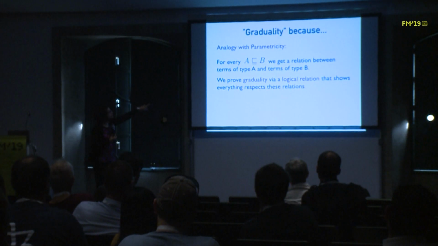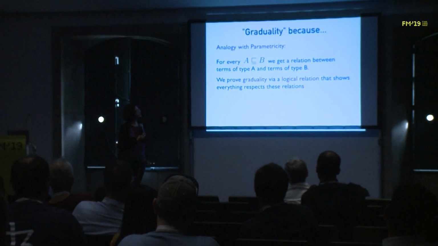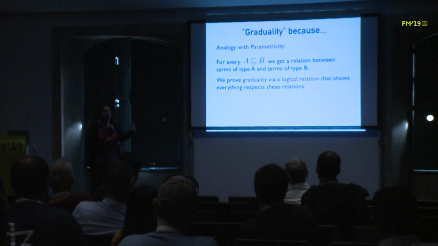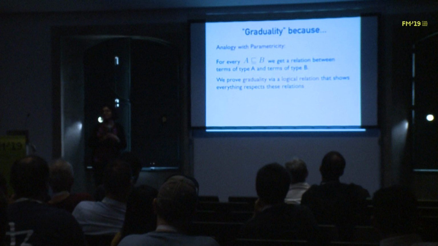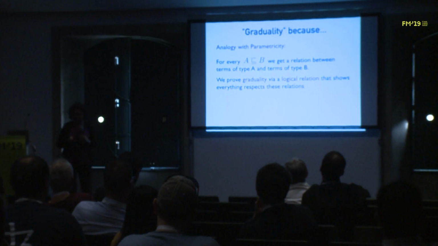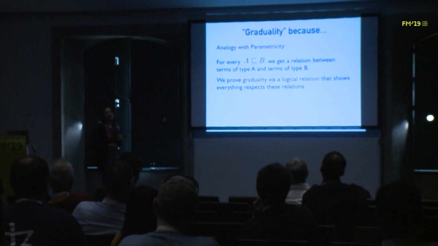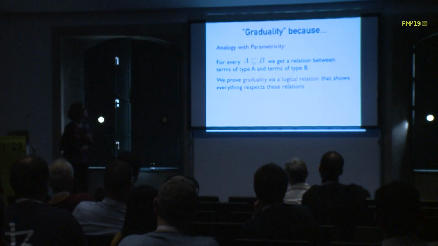Once you do, you can prove graduality using a logical relation that shows that everything respects these relations. So it's a logical relation type of property, very much analogous to the way we prove parametricity. That's where the name comes from. And by the end of the talk, I will give you another reason for why this analogy makes a lot of sense.